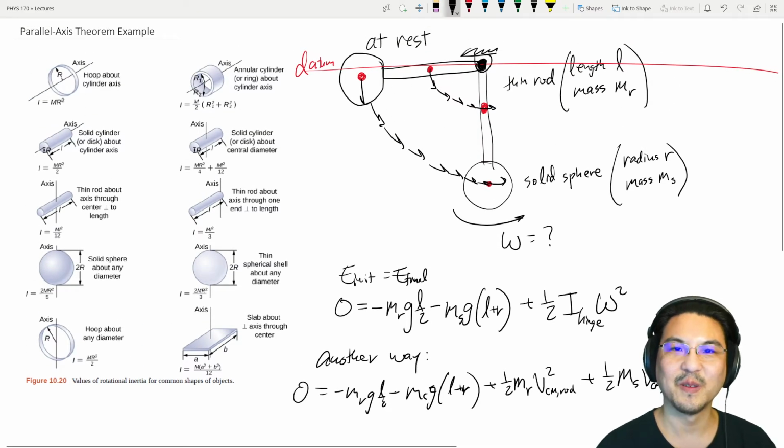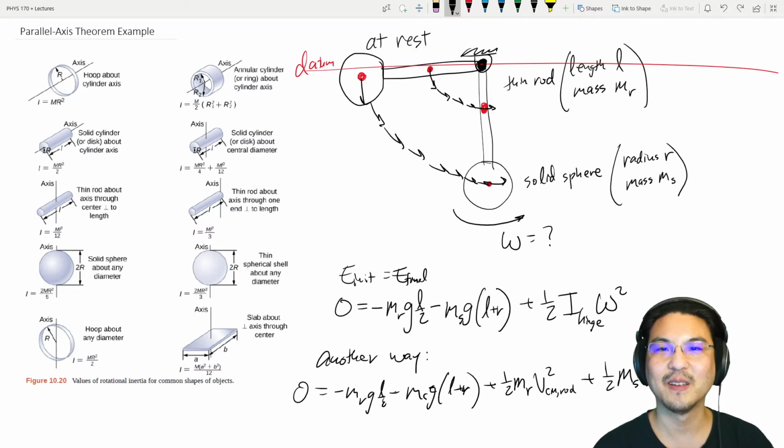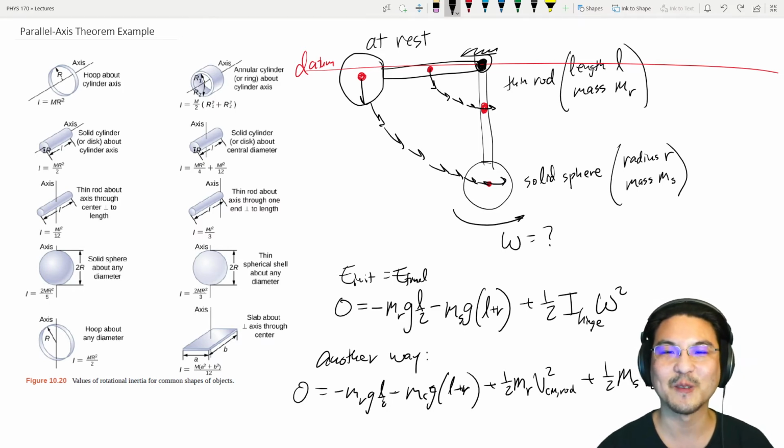While also the bar itself is rotating about its own center. So in other words, rotation about the center of mass plus translation of that center of mass.